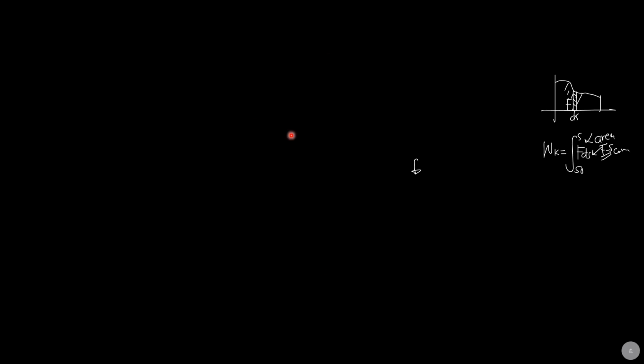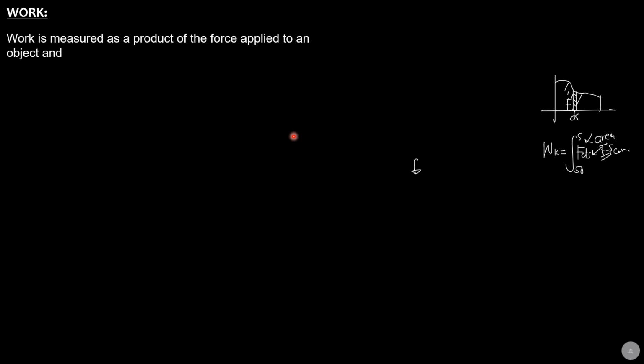So we define or measure work as a product of the force applied to an object or spring and the corresponding distance moved by the object. So it is force times distance as a whole. It is positive if the force and the distance are in the same direction. Otherwise, work is negative.